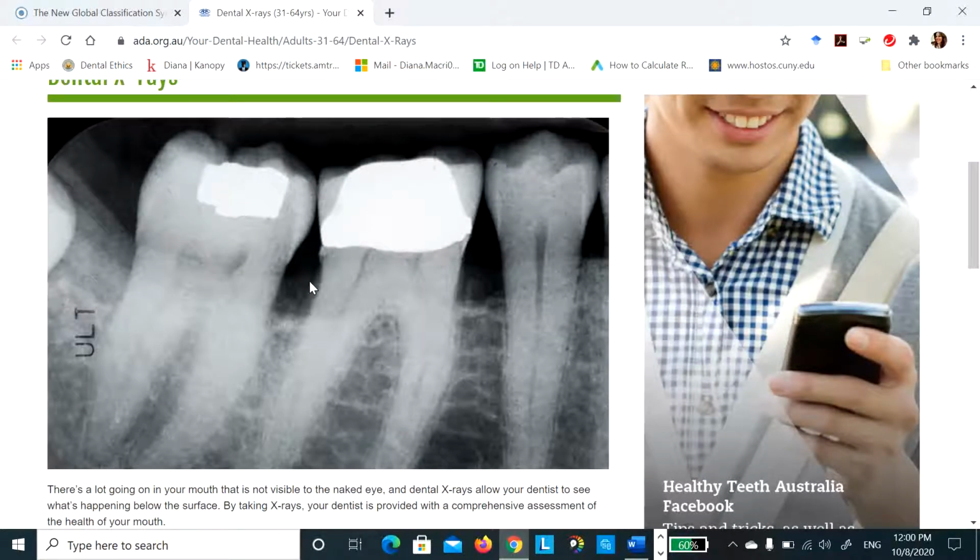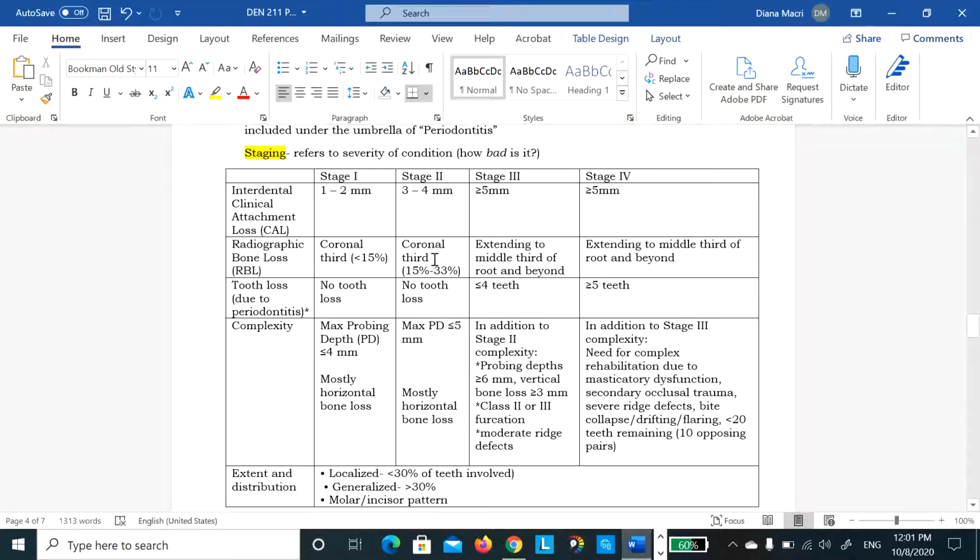Okay, this is showing me definitely 30, let's call it 33. I need to get comfortable with that. 33% bone loss, and if it has 33% bone loss, then I know that I am in stage 2. Stage 3 and stage 4, it's extending to the middle third of the root and beyond. Okay, so anything more than 33% bumps my patient up to a 3 or a 4.